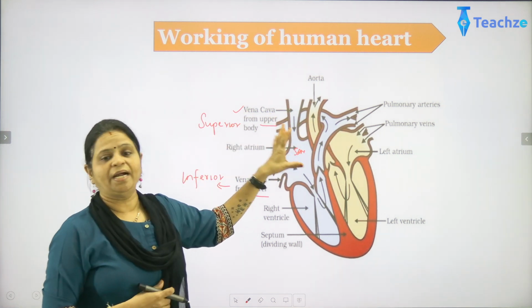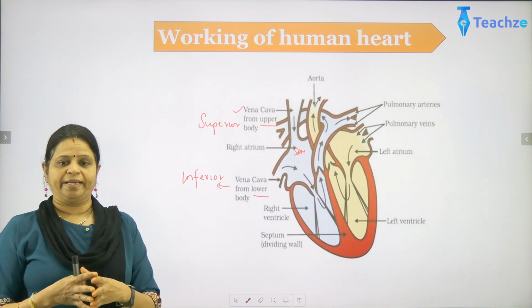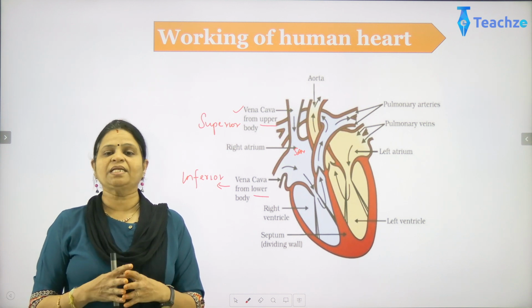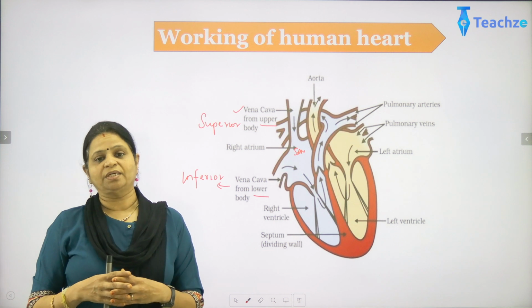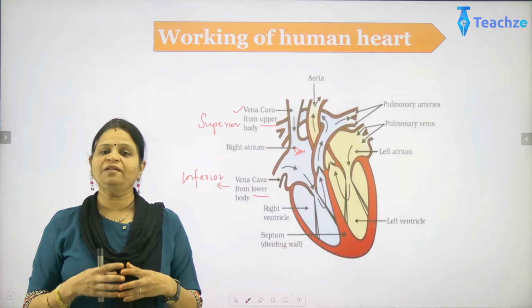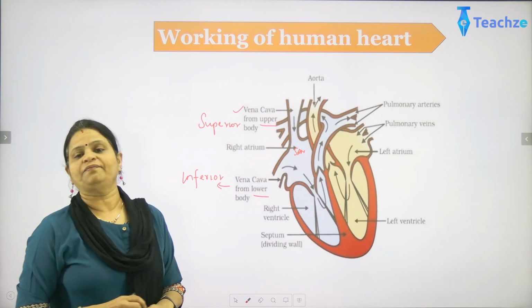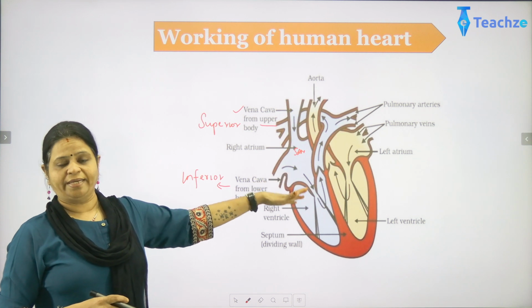Once the blood enters the right atrium, it starts filling, and once that chamber is completely filled with blood, it contracts. Now the valves open. We studied the valves between the right atrium and the right ventricle.